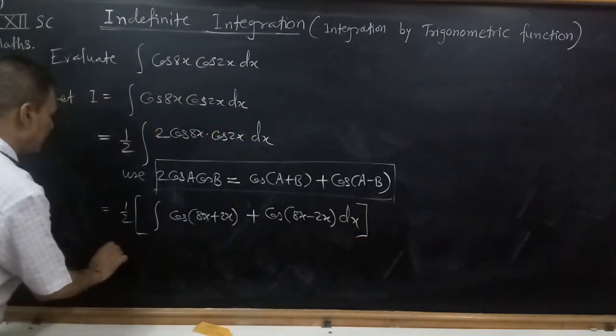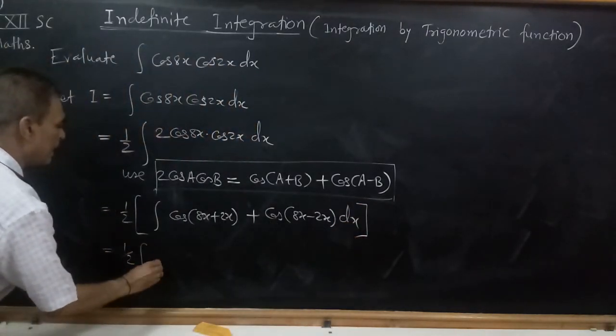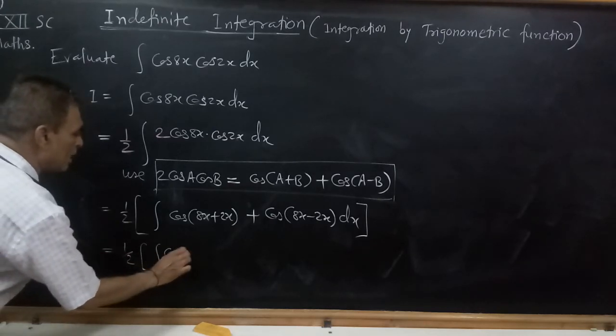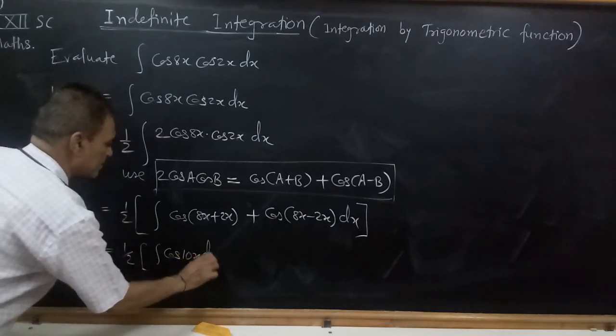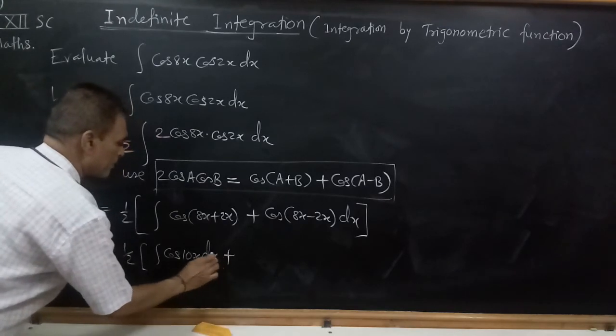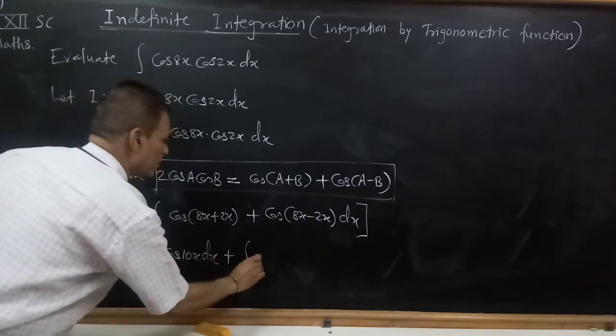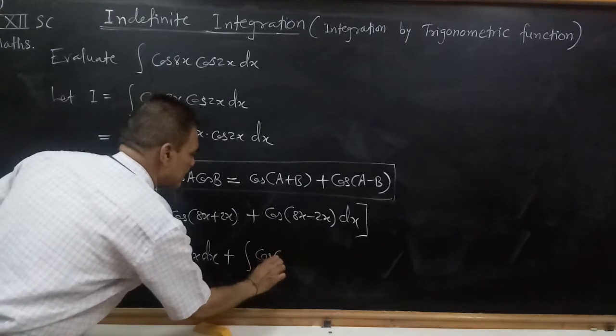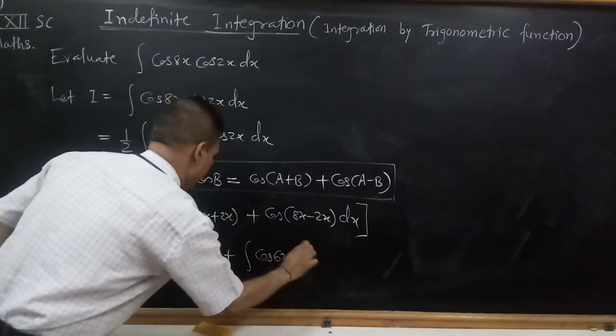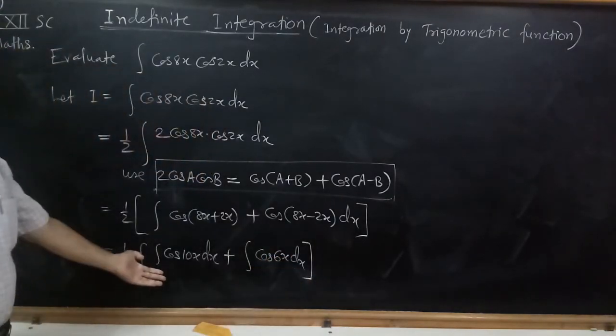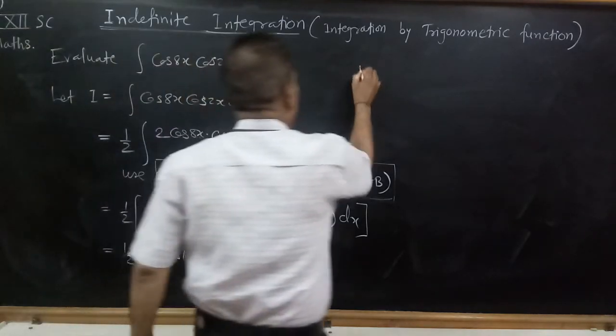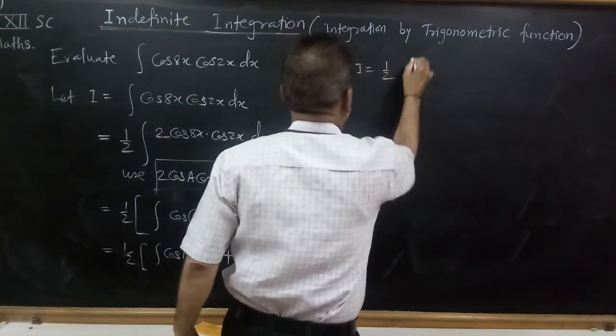Simplify. You will get 1/2 into bracket integration of cos 10x dx plus integration of cos 6x dx. Then take integration. I is equal to 1/2 as it is.